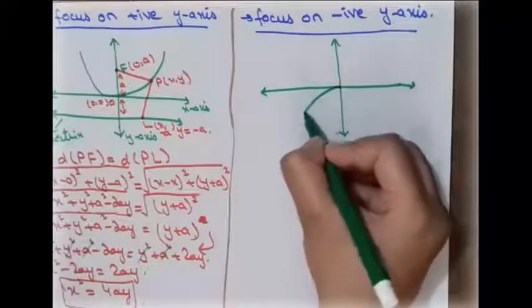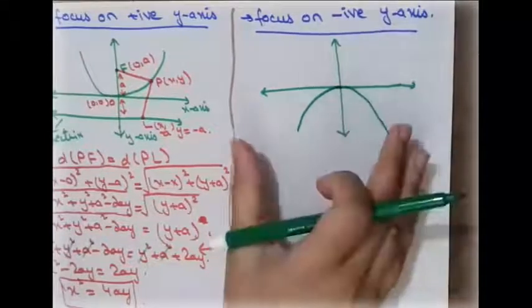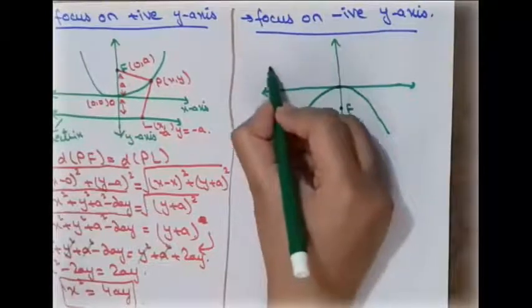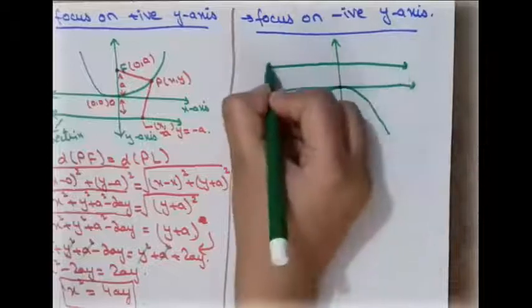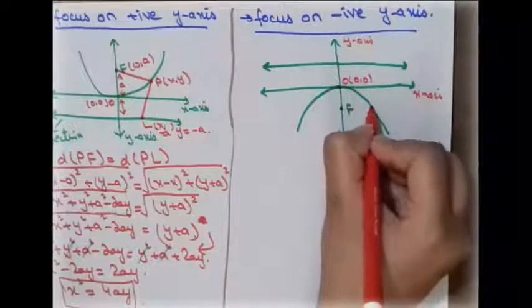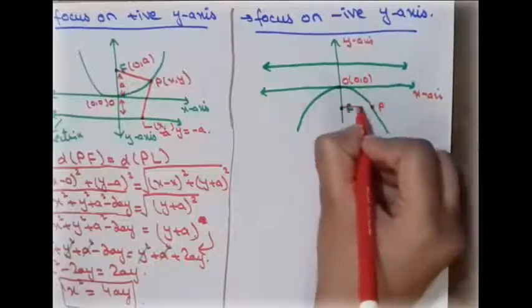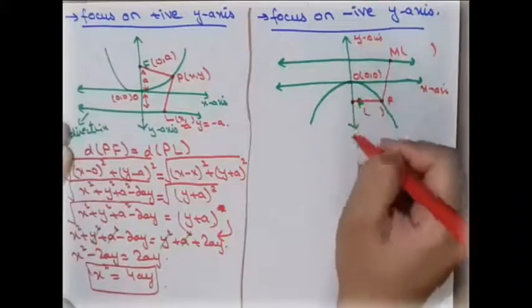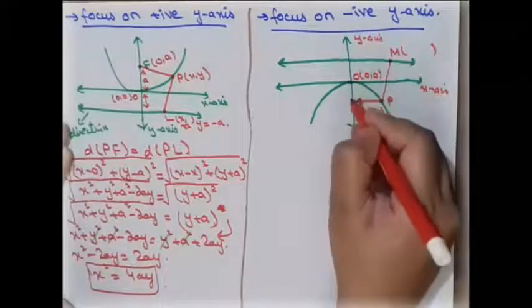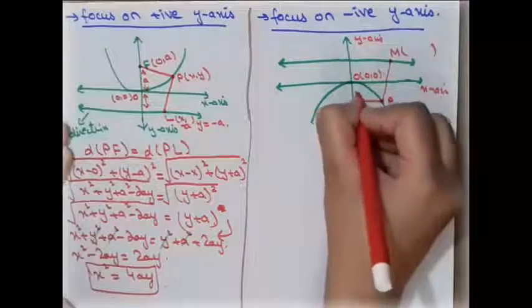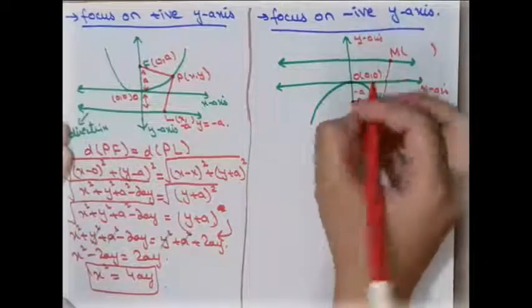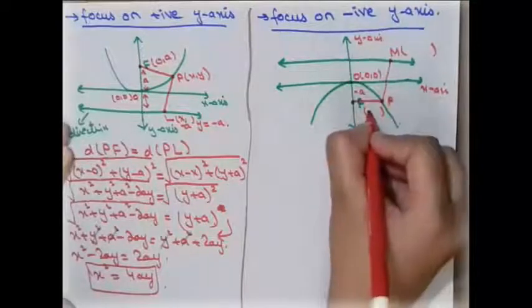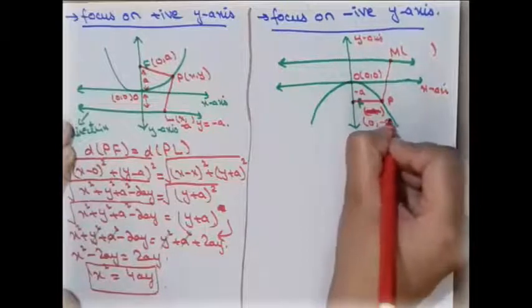First of all, draw a parabola that opens downward, and here is our focus point, and here is our directrix line. Suppose here is our point P, then this distance and this distance are equal. The focus is on the negative side of the y-axis, so it will be 0, minus a.